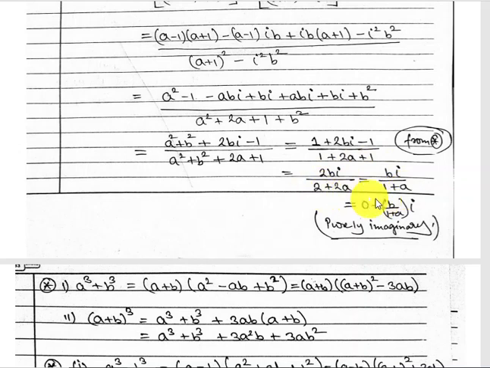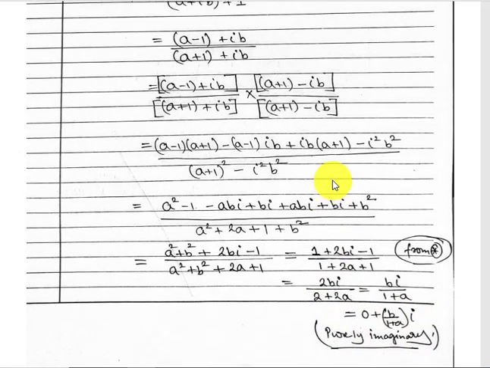So 2 is common in the denominator, that comes out, and that will cancel the 2 in the numerator. So we are left with bi upon 1 plus a. This can be written as 0 plus b upon (1 plus a) i. Clearly it's purely imaginary, because the real part is 0. So we have proved it.